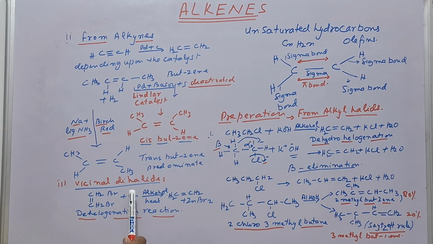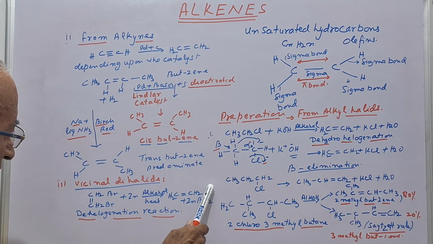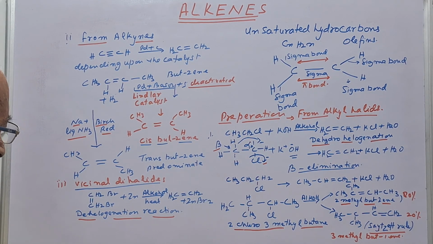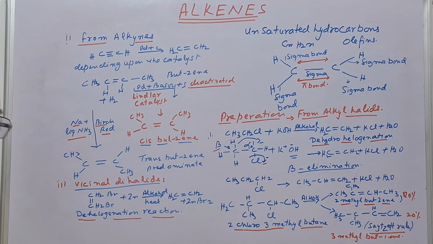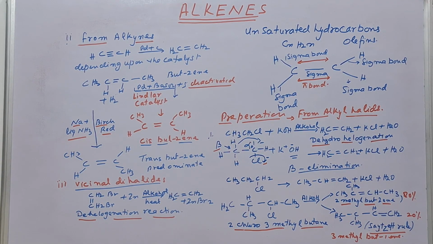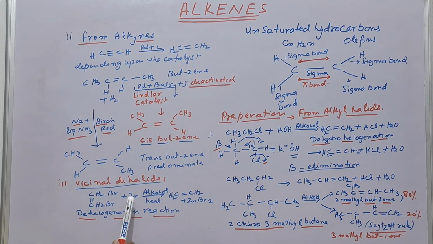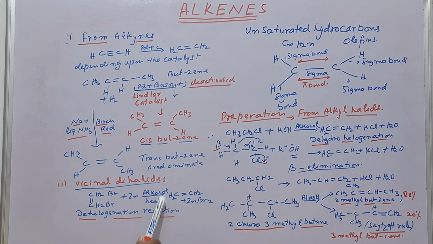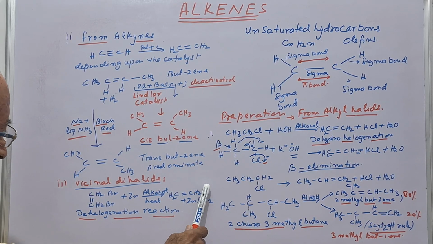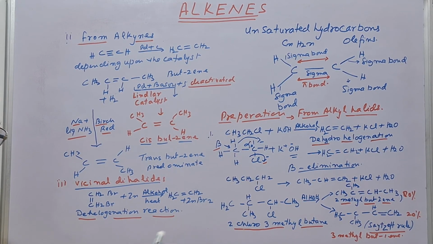When it is heated with zinc in the presence of alcohol, it forms ethylene and zinc bromide. So this is simply known as the dehalogenation reaction. So vicinal dihalide means when two halide groups are joined to adjacent carbon atoms, and when heated with zinc in the presence of alcohol, it forms ethylene and zinc bromide. This is known as the dehalogenation reaction.